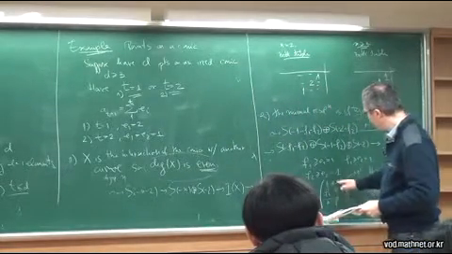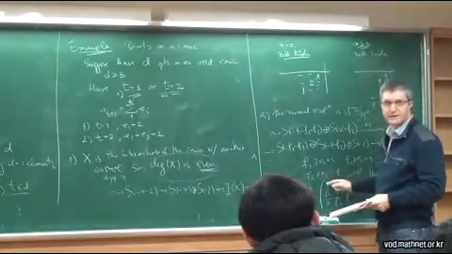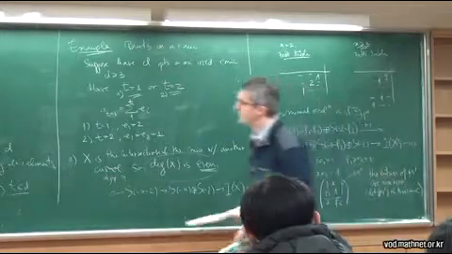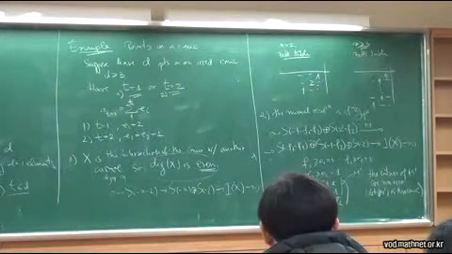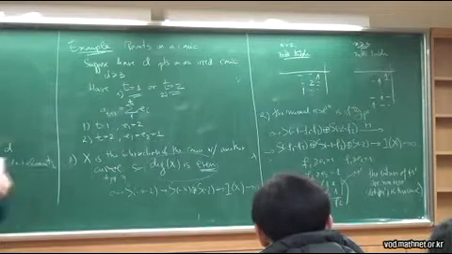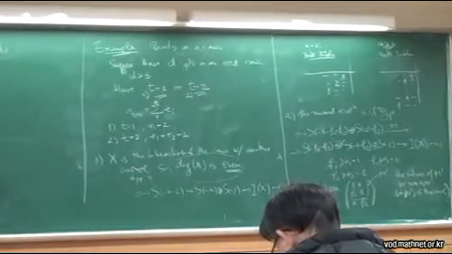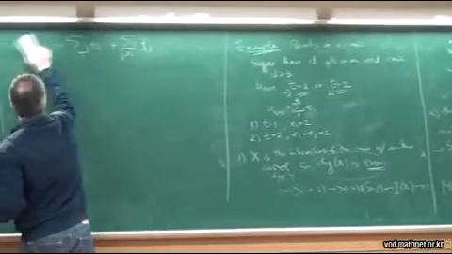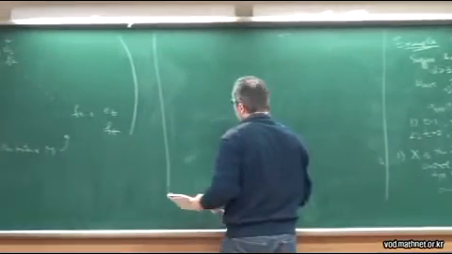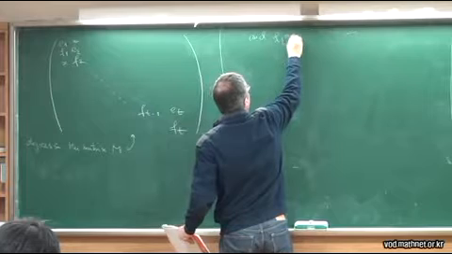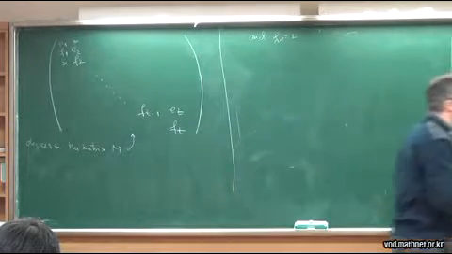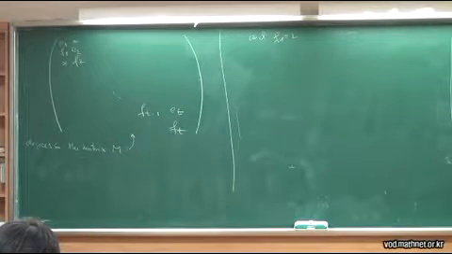And this one also must be 1, just to get a conic. So F1 is 1. So we get some extra information. We can replace F1 here by 1.